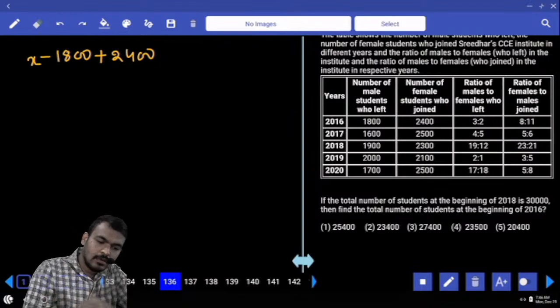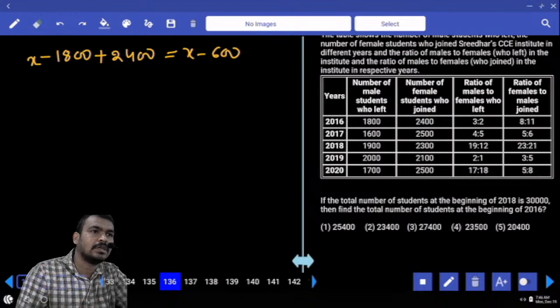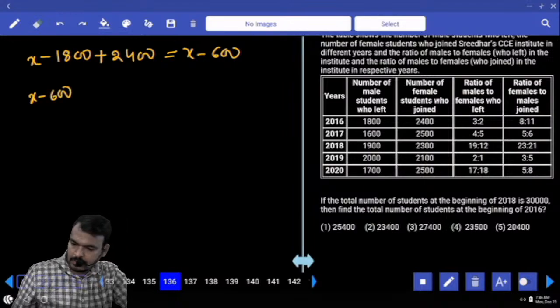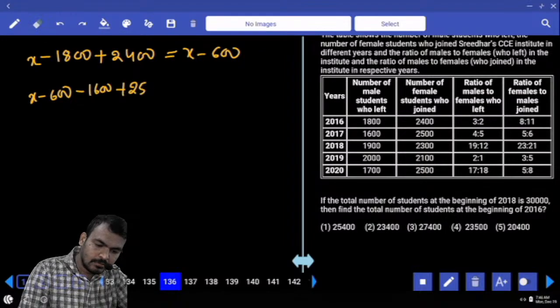Yes or no? X minus how much? 600. It is which year ending value? 16 ending value. What is the starting value of 17? X minus 600. And again, how much value is subtracted? 1600. Adding value 2500.